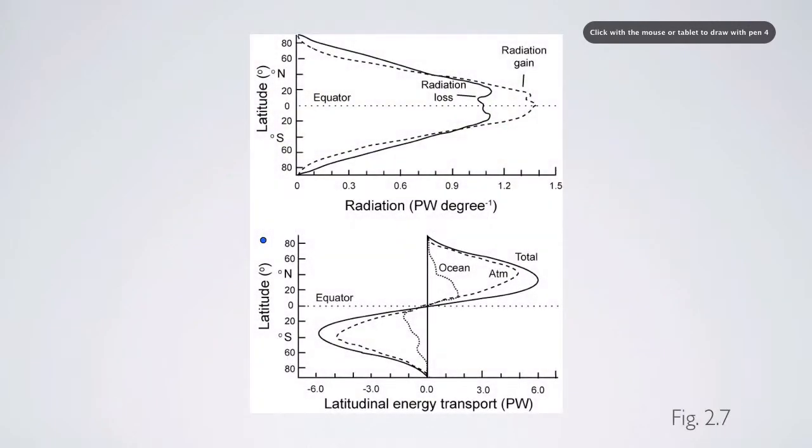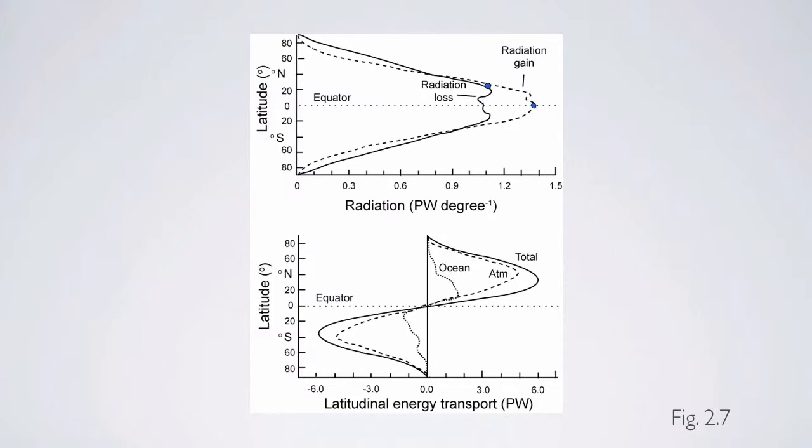The reason that we have circulation within the atmosphere is that energy is transferred poleward. This here is a net radiation budget, and the x-axis for the top panel is radiation, the amount of energy that's absorbed, which happens to be petawatts per degree. And then here's latitude. So you can see for radiation gain right there at the equator, it's highest.